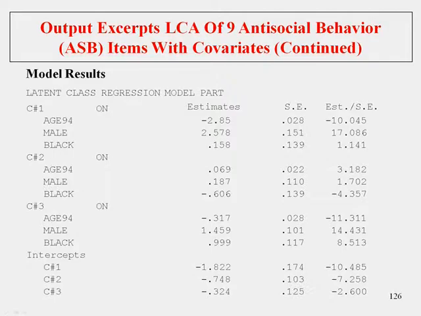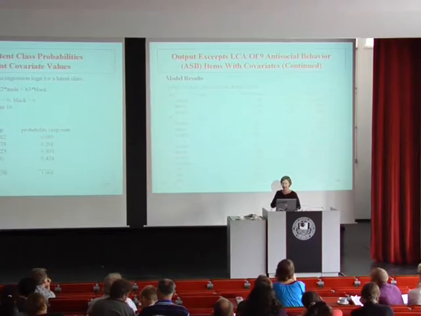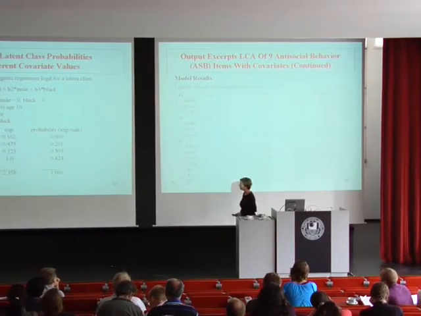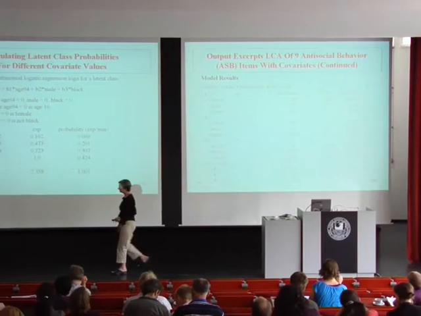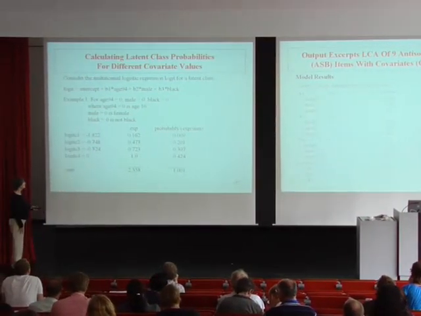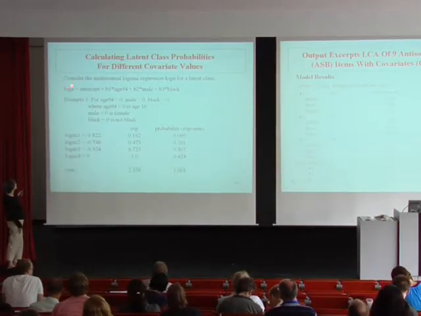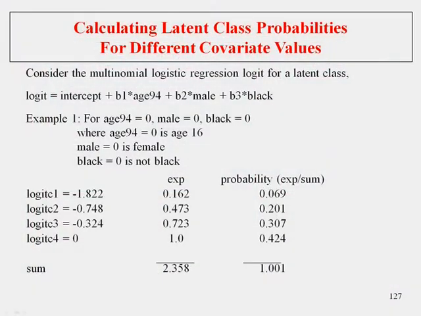Now, we can take the information from here and we can turn the logits, or the log odds, which are our parameter estimates, into probabilities. And this is taken from the user's guide. It's important that we have our logit. In this example, we're making all the covariates be 0 for simplicity. Age 94 is 0, which really is age 16. Male is 0, and black is 0.